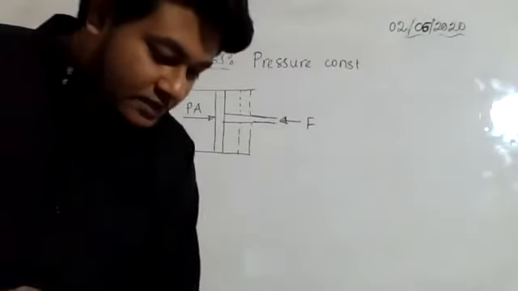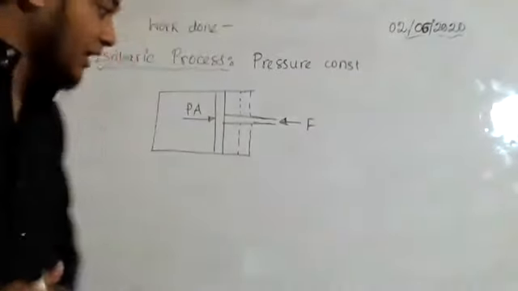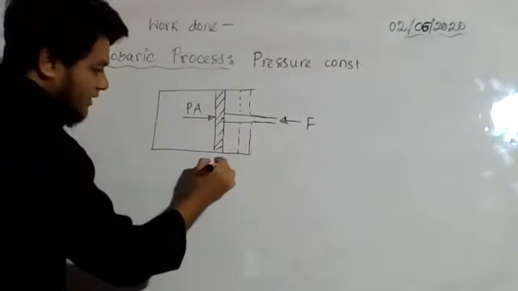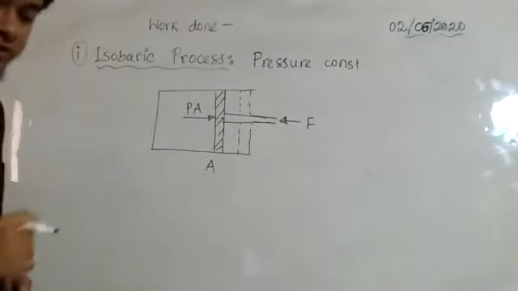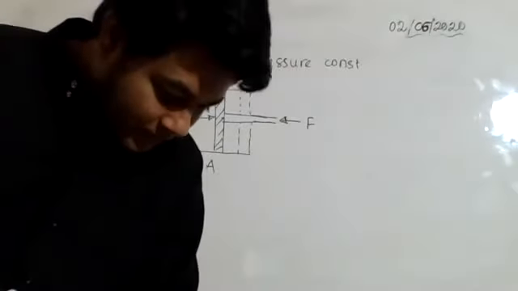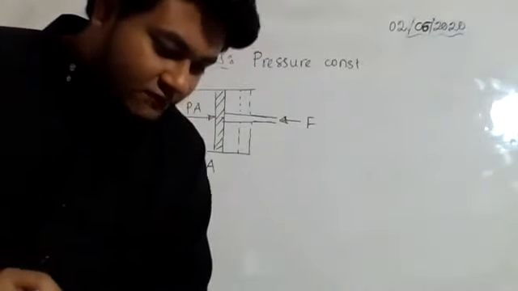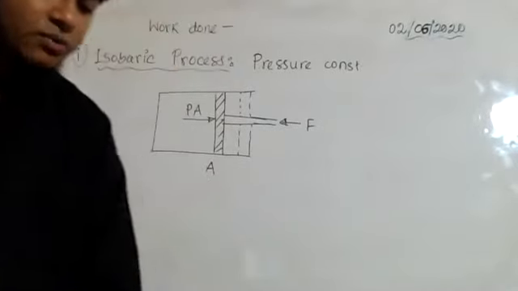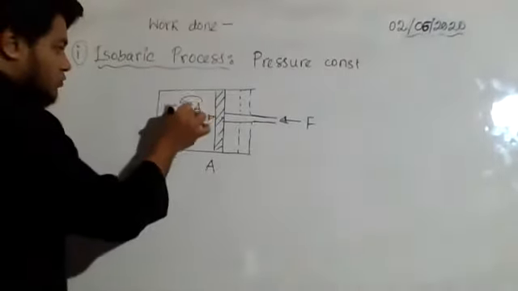Now the area of cross section of the piston is A. Then if the pressure of the gas is P, the force on the piston due to pressure will be PA. How is this the force?